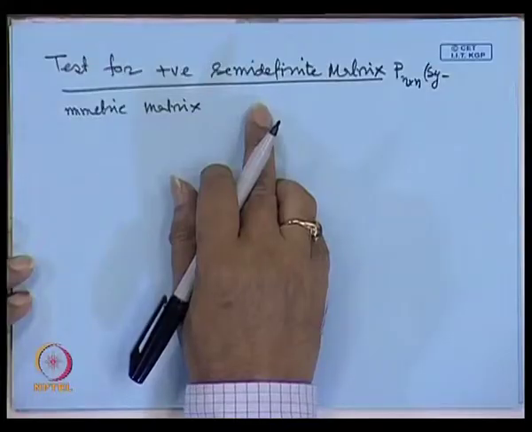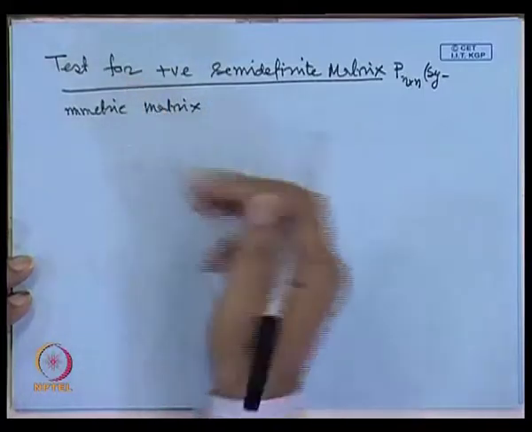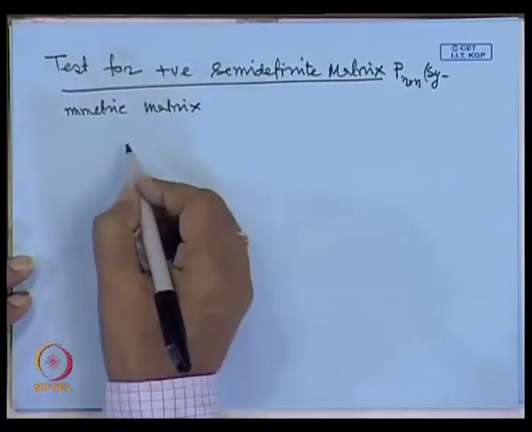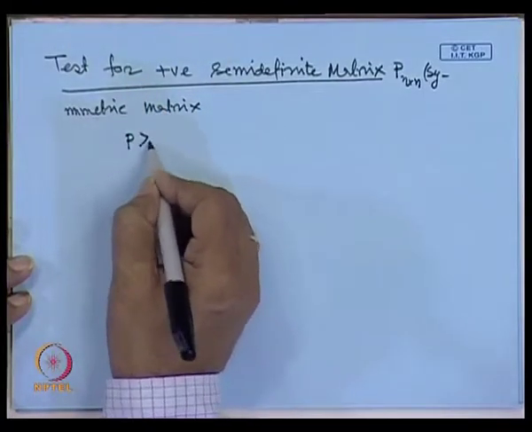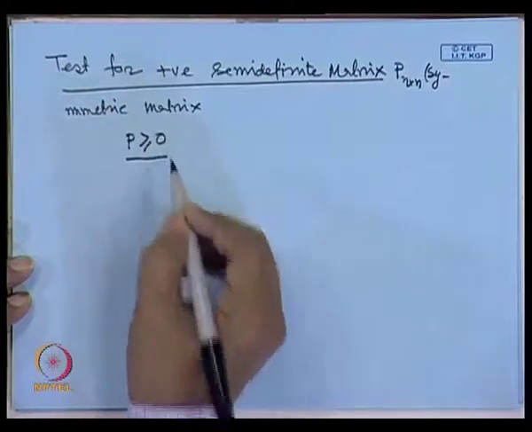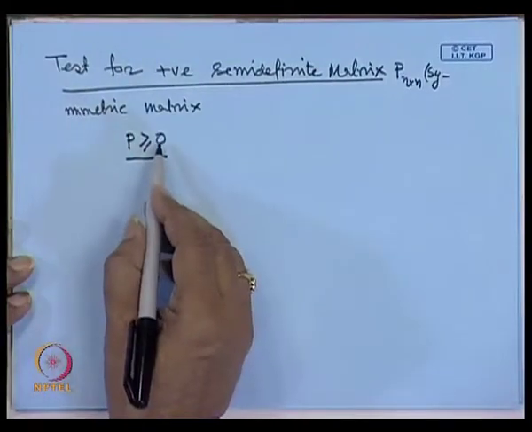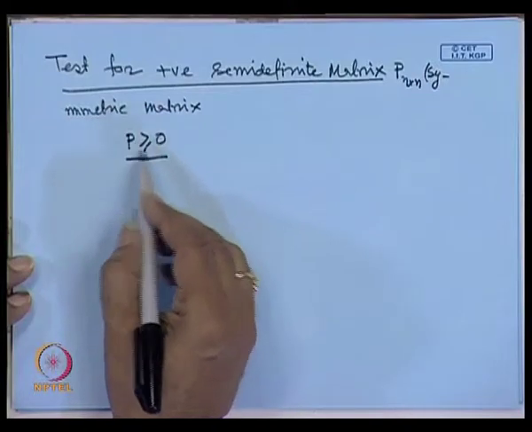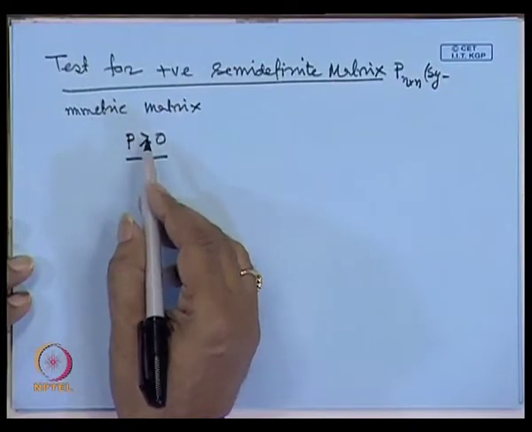You can test it if the matrix is positive definite. If it is not symmetric, I can easily convert it into a symmetric matrix, because by definition P is, if it is semi definite, the symbol is this one. It indicates P is greater than or equal to 0, meaning P is positive semi definite.